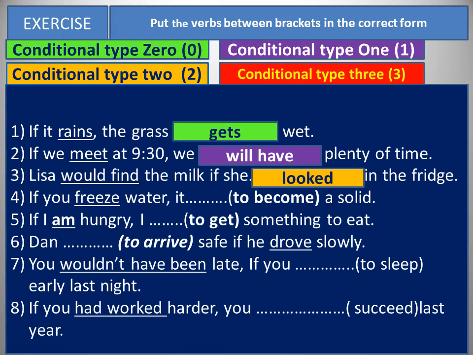Example number 4. If you freeze water, it, and we have the verb to become a solid. So what is your answer? If you freeze water, it becomes solid. So this is conditional type 0.